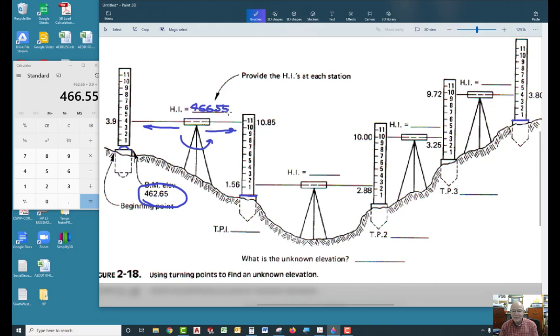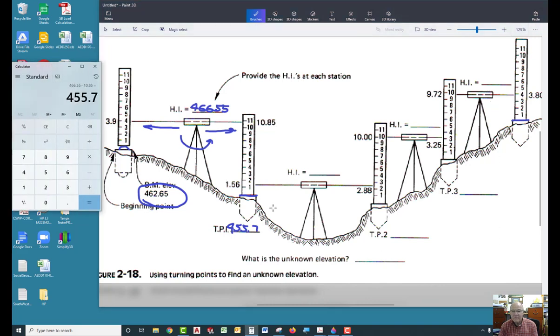If we know the level's at 466.55, we just have to subtract 10.85 in order to find out the elevation of that turning point. That's 455.7. Is that all it is? Yeah, 455.7. Now that's the elevation of this location right there.